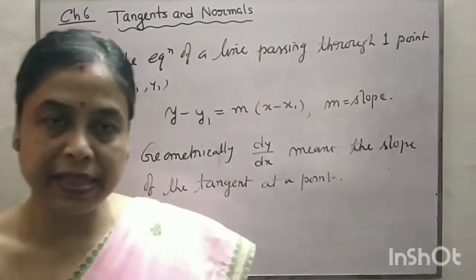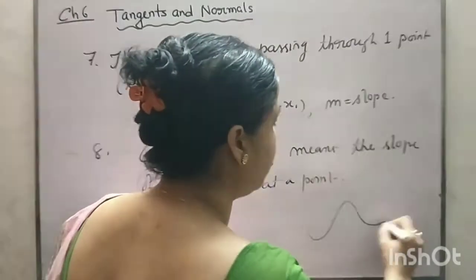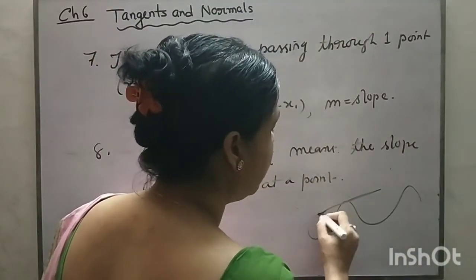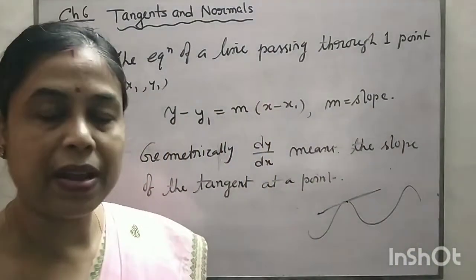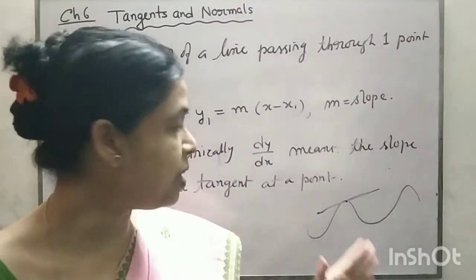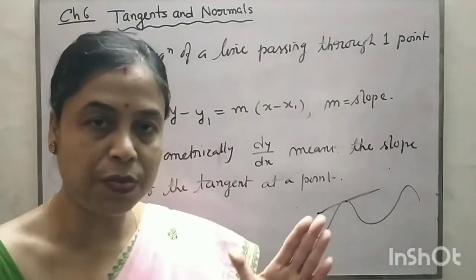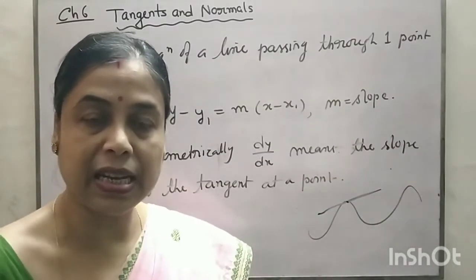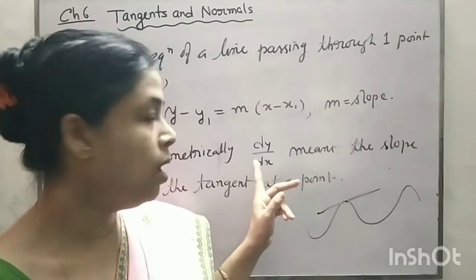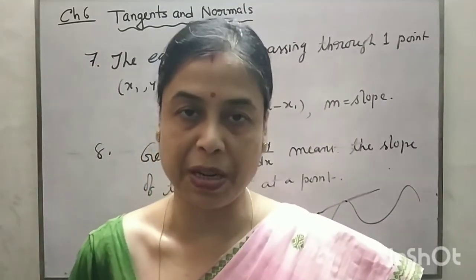So dy dx represents slope of the tangent at a point. Slope of the tangent means if I draw a line like this, this is your tangent. Tangent means the line. If the line touches only at one point, that is the tangent. So the slope of the tangent at the point is given by dy dx. Slope means you know, na? So slope of this tangent is represented by dy dx, or dy dx geometrically represents slope of the tangent.